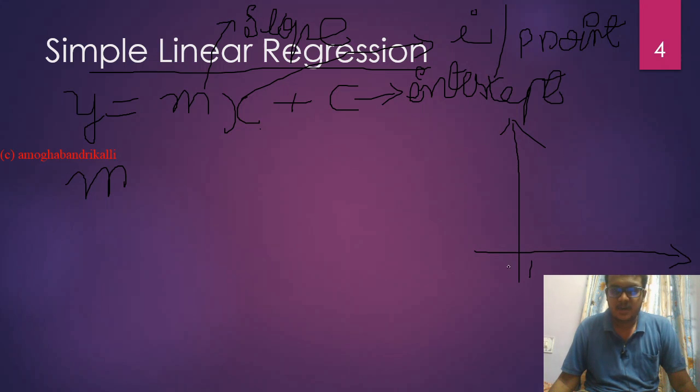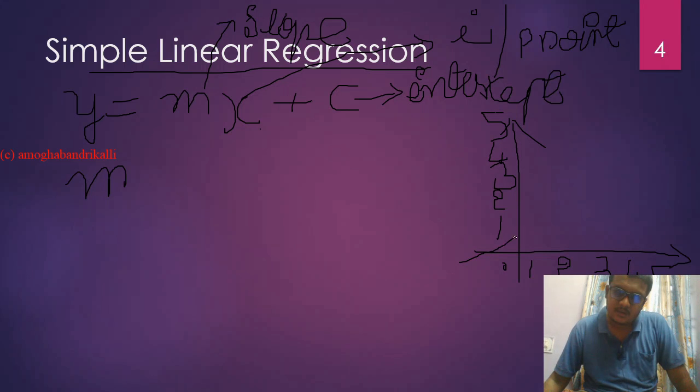Consider you are having x-axis 0, 1, 2, 3, 4, 5. So this is x-axis. In the same manner you are having y-axis, and you need to fit a line. So this line is given by y is equal to mx plus c.